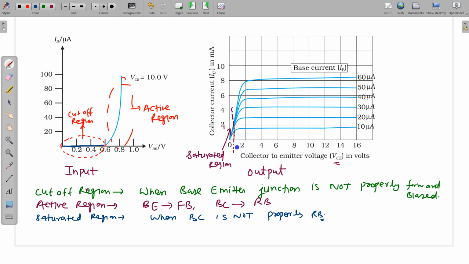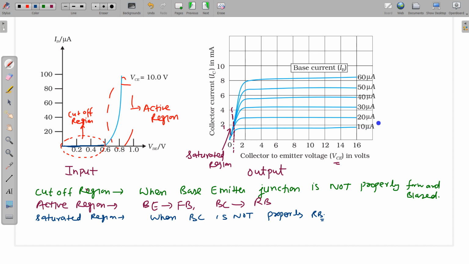When it almost pulls all the charge carriers from the emitter, the current almost becomes constant. Now it cannot pull more charge carriers, so the current will become constant at some value like this.